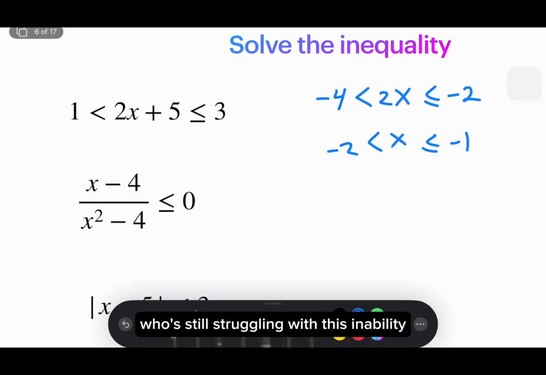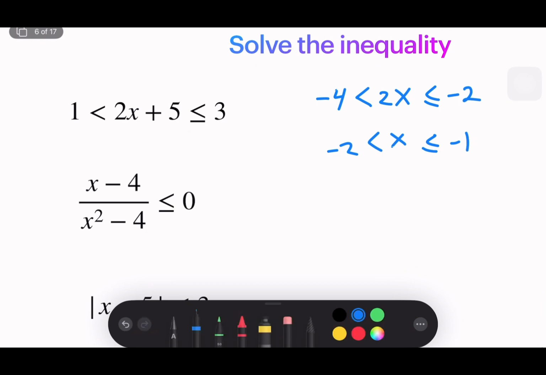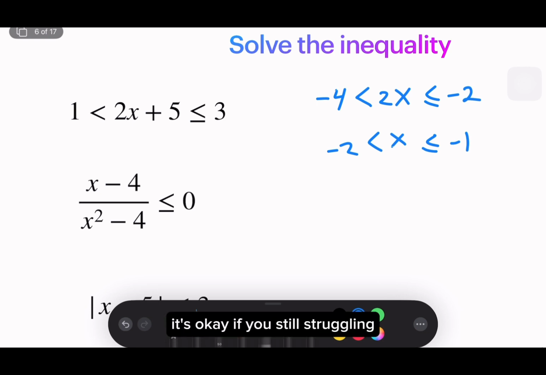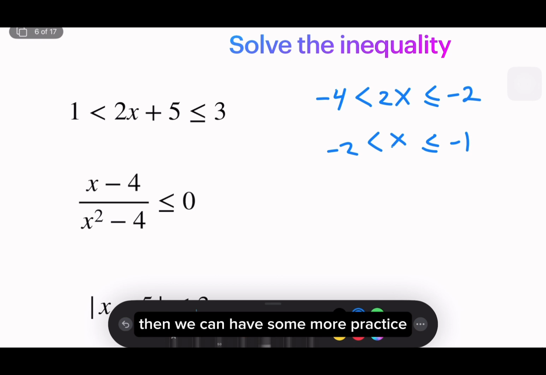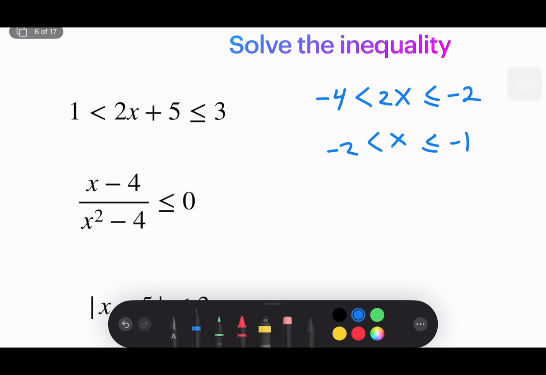Who's still struggling with this inequality? Anyone? No? It's okay if you're still struggling. Then we can have some more practice. How about number 2? Can you check it? Okay, maybe it's annoying.